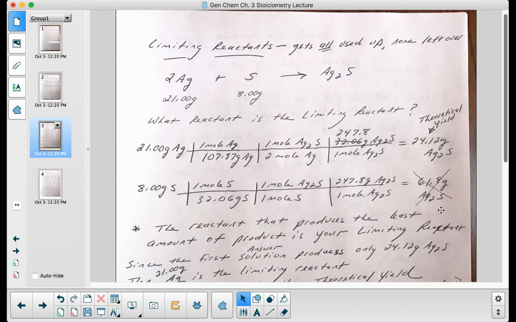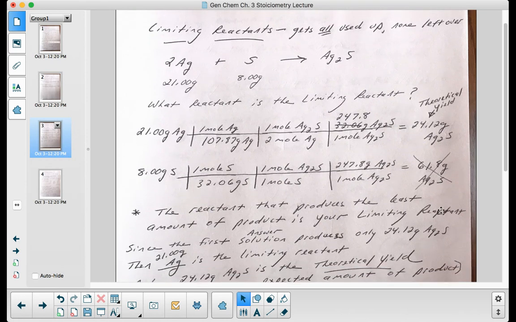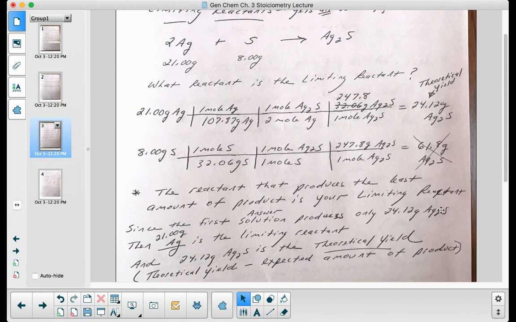So here's the analysis that you do to determine which one of your reactants is the limiter. The reactant that produces the least amount of product is your limiting reactant. So what you do is you go to the two amounts that you calculated, and you choose the lowest one. 24.12 grams is smaller than this.